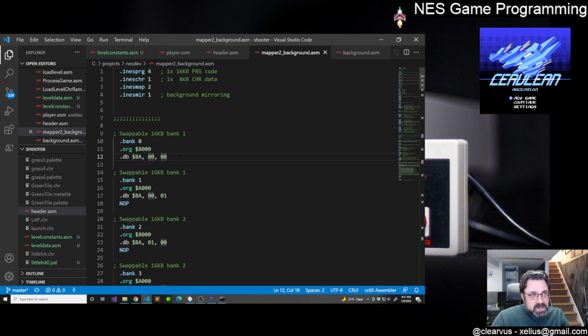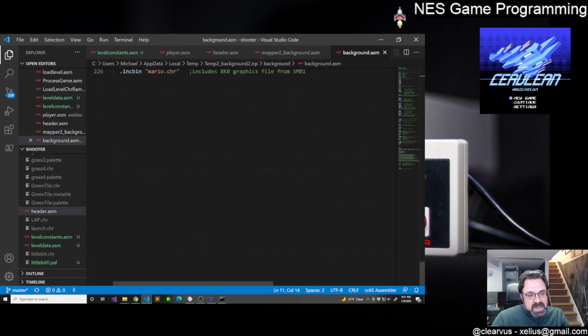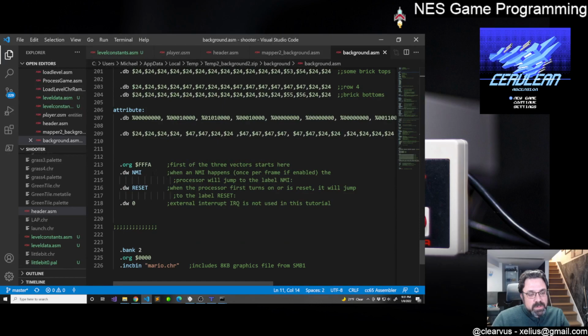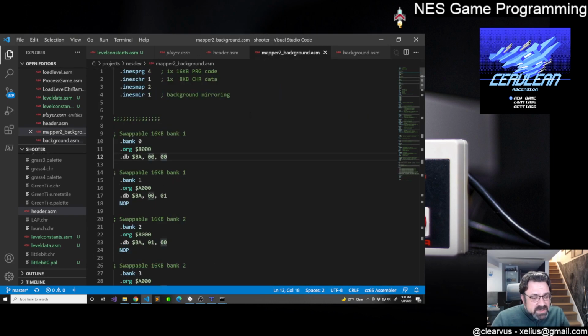There's an additional challenge that Mesen didn't want to load the ROM because it detected that there was a problem with the ROM, specifically because I believe it saw that the vector at the end at FFFA was all invalid addresses, and so it didn't want to load it. So for that, I needed to use FCEUX, which is a fine emulator.